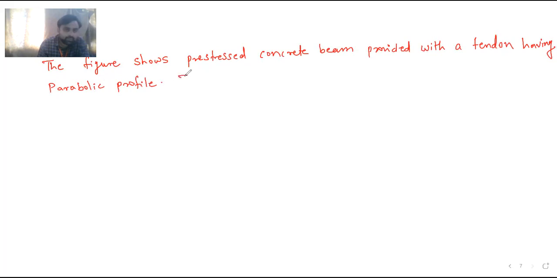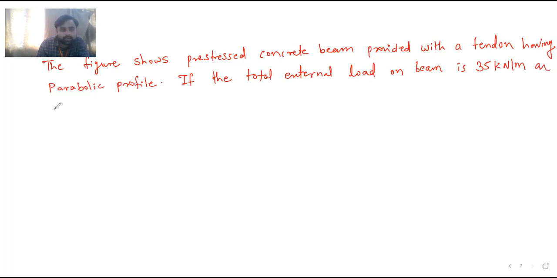If the total external load on the beam is 35 kilonewton per meter on full span, calculate the extreme stresses for midspan section.